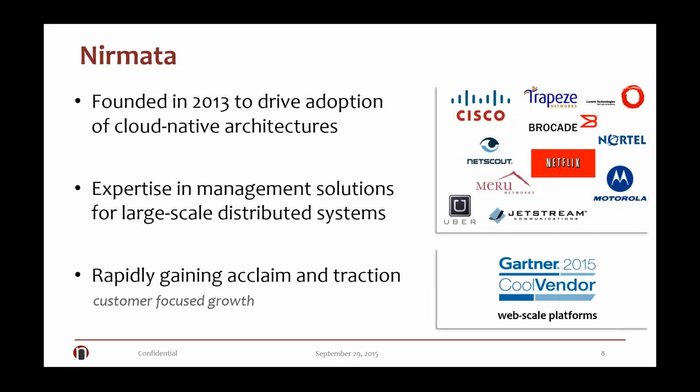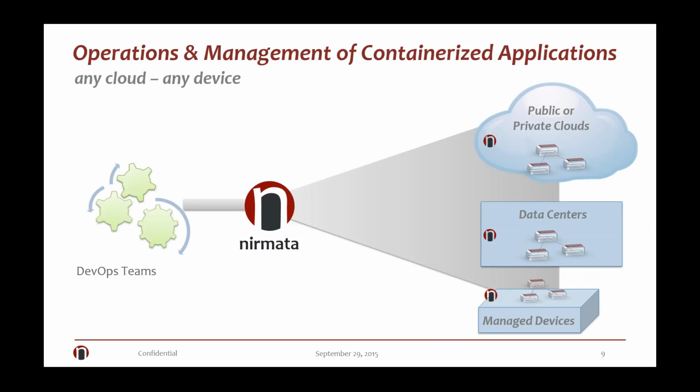We launched our public beta in early 2015, and we're rapidly gaining acclaim, both from customers as well as the press and analysts in the industry. Our focus at Nirmata is the operations and management of containerized applications. So we believe application containers are the right and the best way to package next generation applications for multiple reasons.